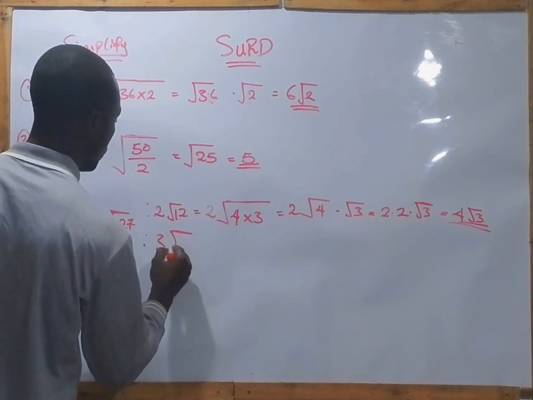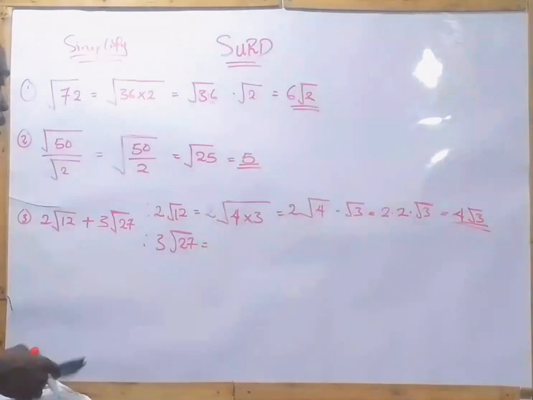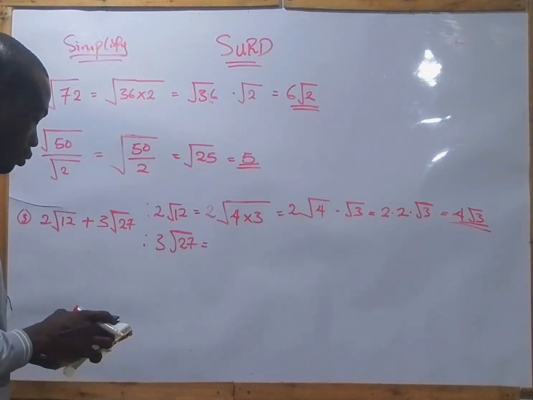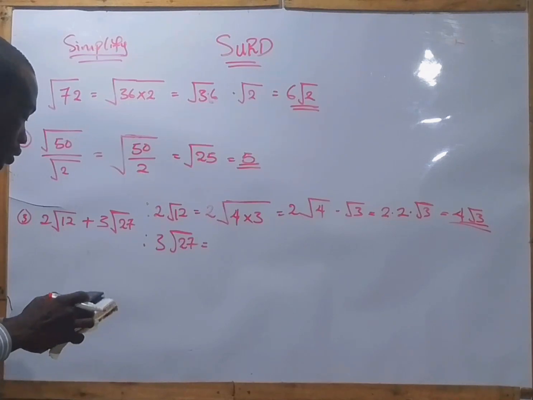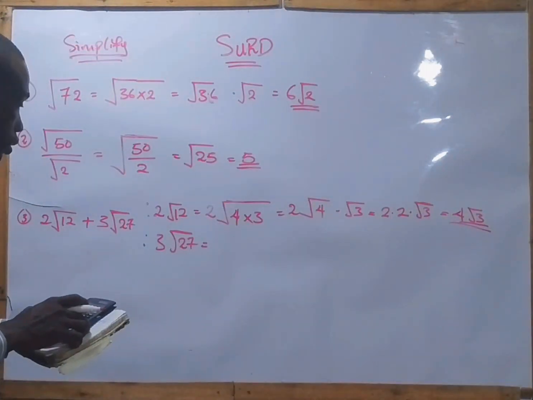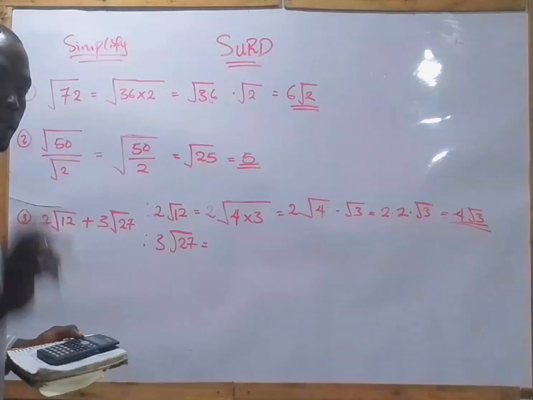Now 3 root 27. The first thing you do here is divide 27 by 2, which will give us 13.5, so you leave it alone. You say 27 divided by 3, which will give us 9.